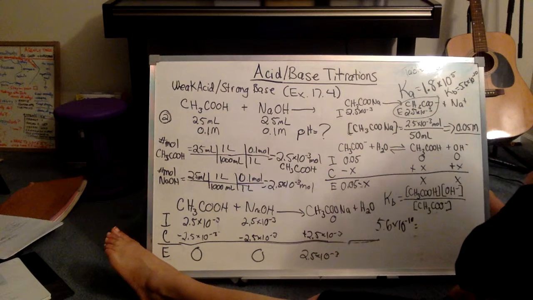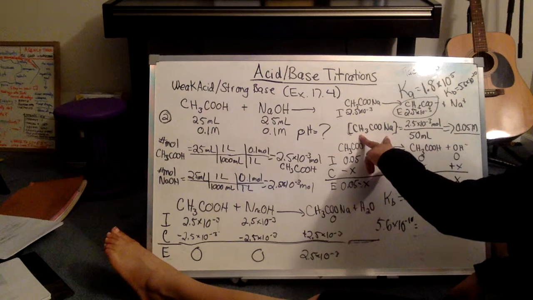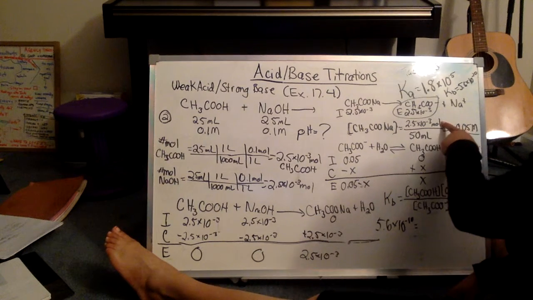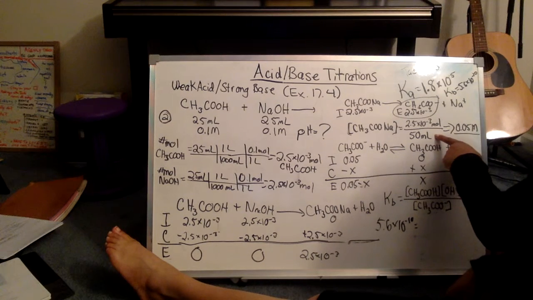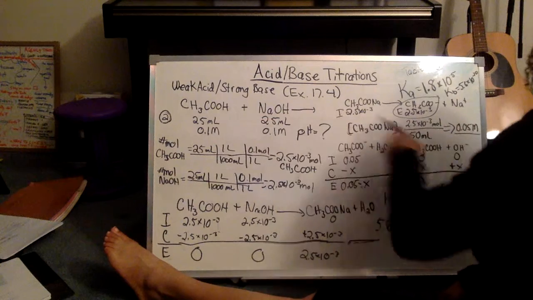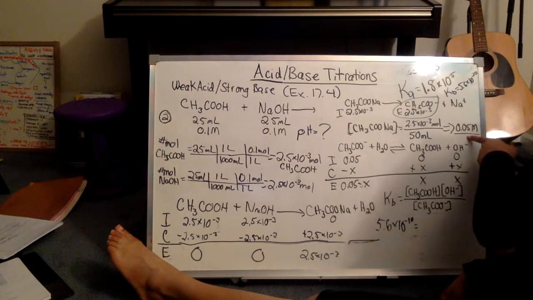And then we need to figure out the concentration of actual salt, which would be the concentration of conjugate base. That would be 2.5 times 10 to the minus 3 moles divided by the total volume in the solution. The total volume of the solution is here, 25 plus 25, which is 50 milliliters. We then convert to 0.05 molar.